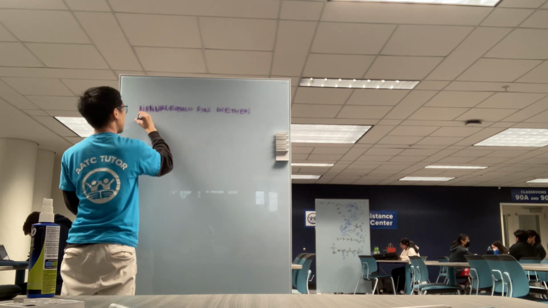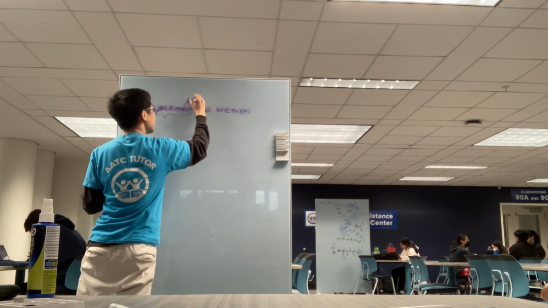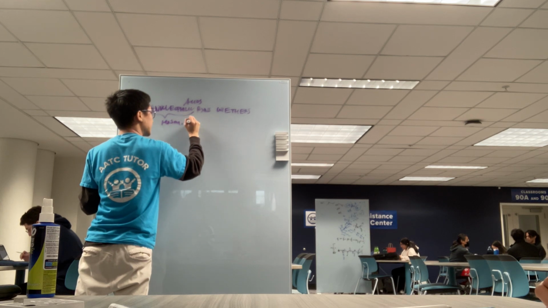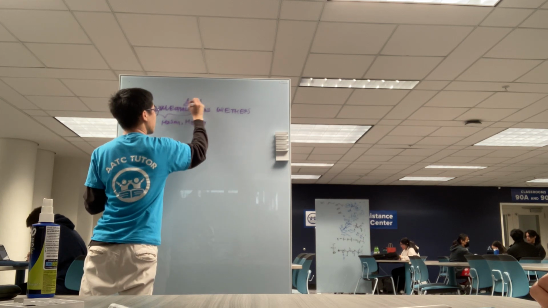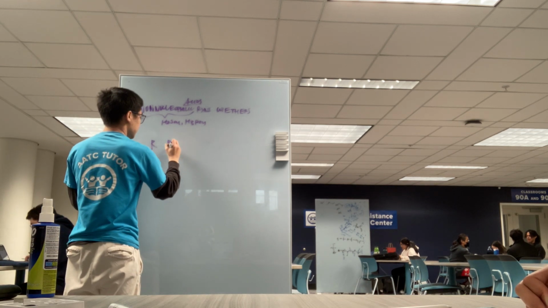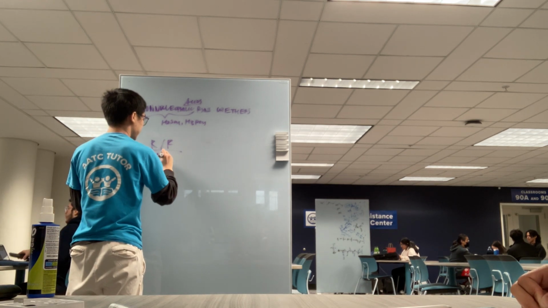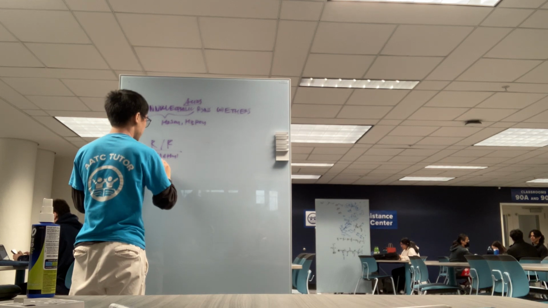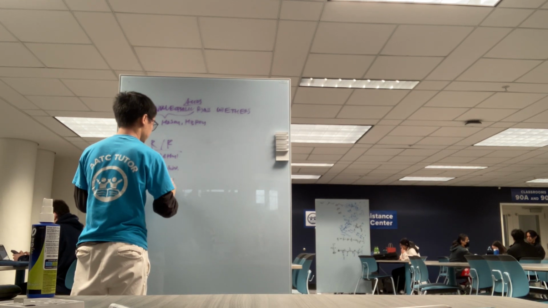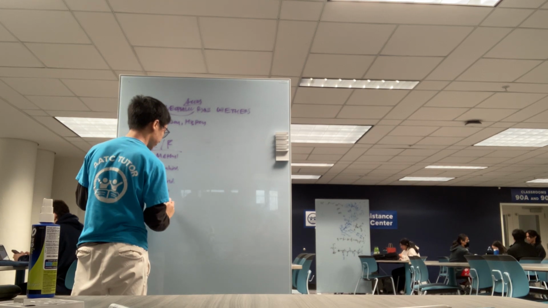So these non-nucleophilic acids are H2SO4 or H3PO4. Same kind of R groups: you can have methyl, primary unhindered, primary hindered, secondary, or tertiary.